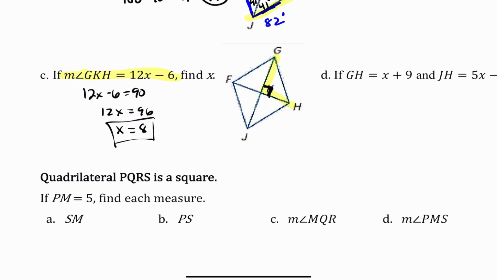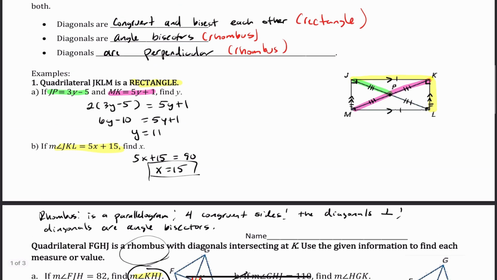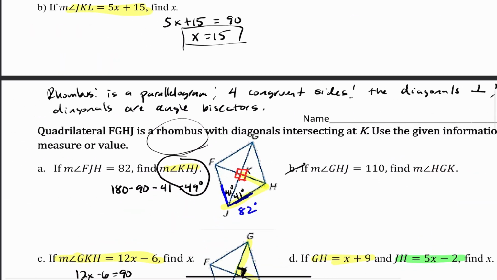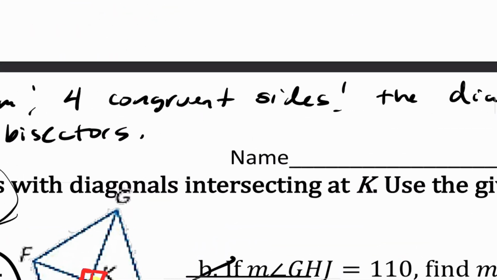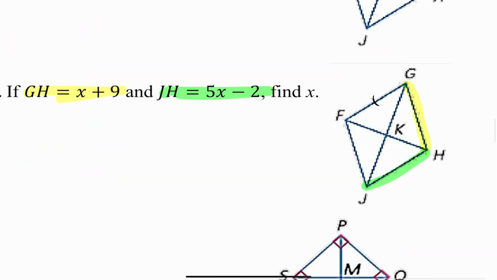Okay, so that's C. If I'm looking at D, if GH is x plus 9 and JH is 5x minus 2, find the value of x. Okay, so if we look carefully, we're dealing with the sides. Since we're dealing with a rhombus, well, a rhombus is a parallelogram with four congruent sides. So all the sides are congruent to each other.